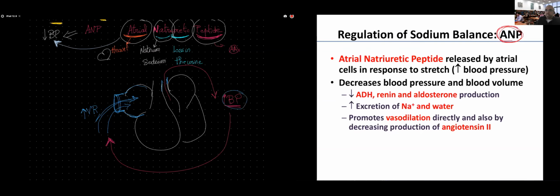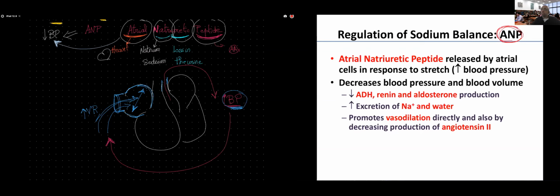And how would you detect that you've got an increase in the venous return? By detecting the degree of stretch applied to the wall of the atrium. So when I have an increase in the stretch of the wall of the atrium, this means I have high blood pressure. This is how your heart will detect that you've got a high blood pressure.